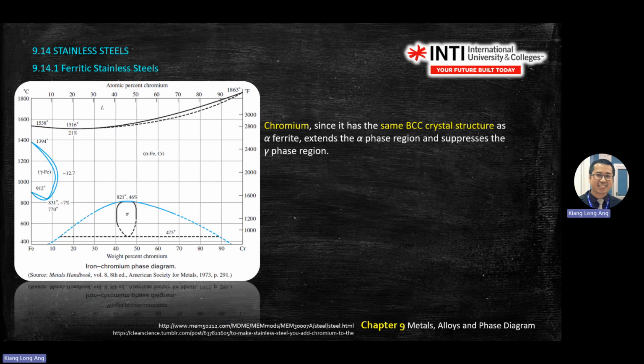Okay, so this is another graph, the iron chromium phase diagram. You have ferrum on the left, chromium on the right. You have liquid, alpha ferrum, chromium, gamma, and sigma.